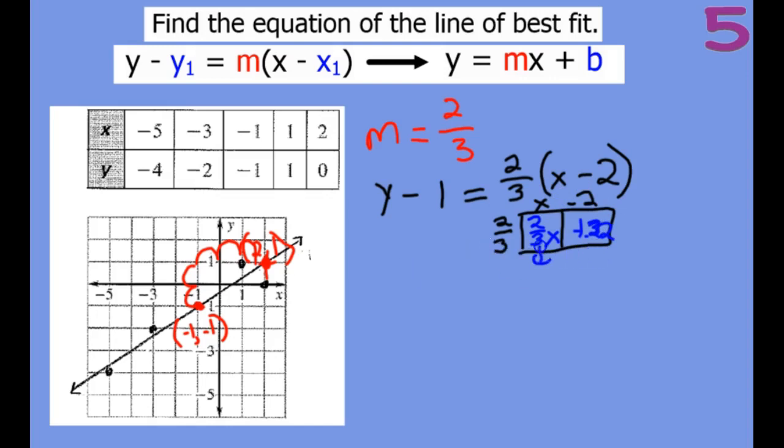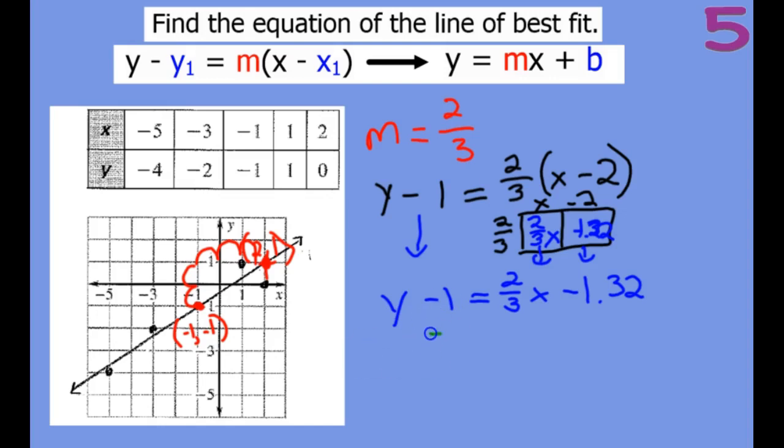So if we bring these down, we get y minus 1 equals 2/3 x minus 1.32. So we need to get y by itself.